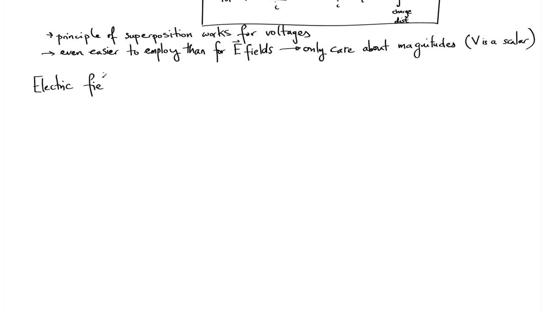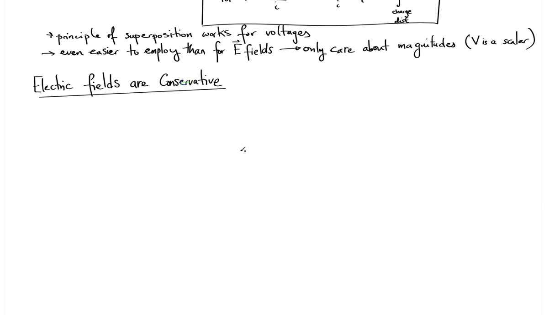So I gave a very hand-wavy argument for that at the beginning of this video, and now I'm going to give a slightly more in-depth discussion of that. And I will not talk about how you get electric fields from voltages in this video. I'll put that off to the next one, because this video is getting a little long.